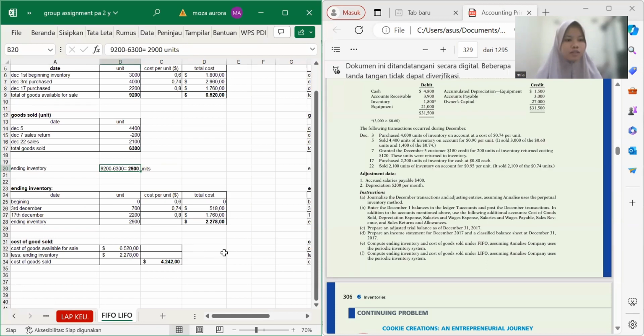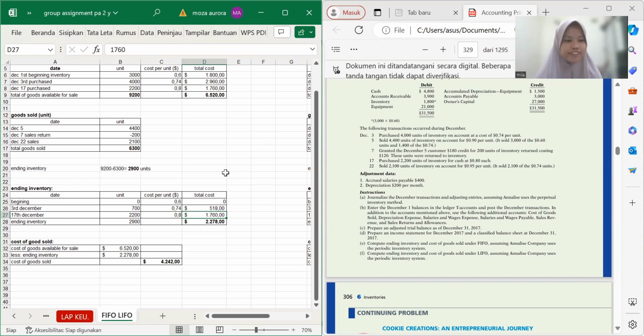So we search the cost of the ending inventory. In beginning, the unit is 0, so the total cost is 0. On 3 December, the unit is 700 at 0.74 and the total cost is 580. And on December 7, 2,200 units and the cost per unit is 0.8, so the total cost is $1,760.